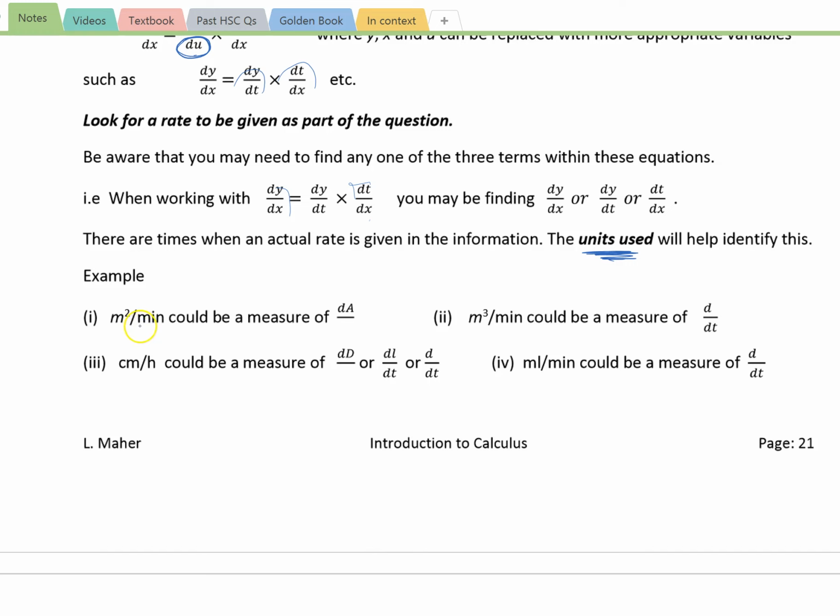We may have to break our derivative up. However, in order to notate it correctly, meters squared would be a measure of area. Meters squared. So it would make sense to call it dA. Per minute means we want to differentiate with respect to time.